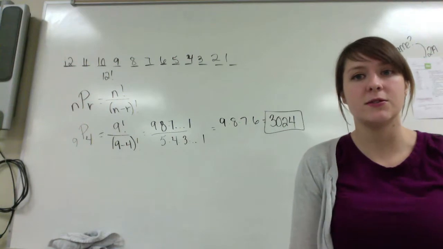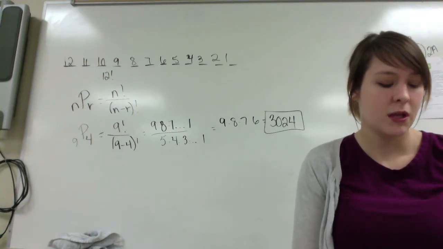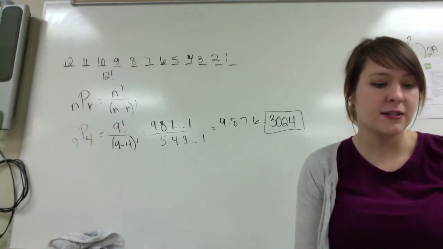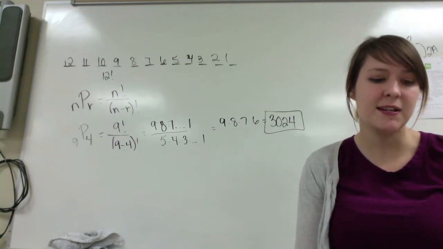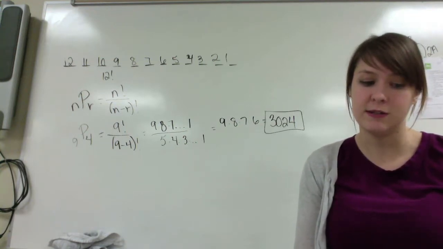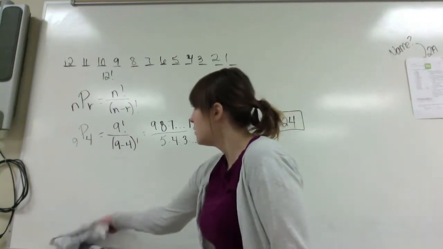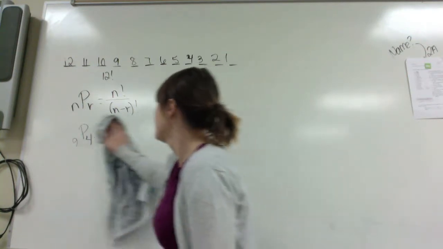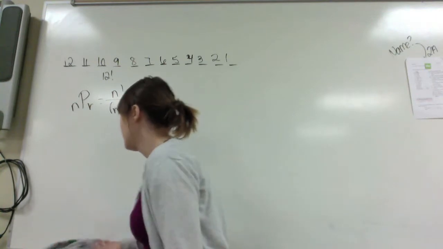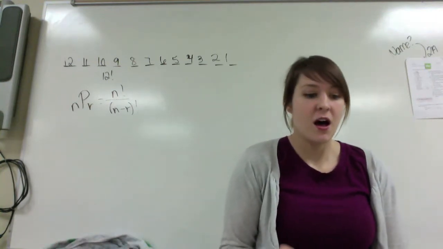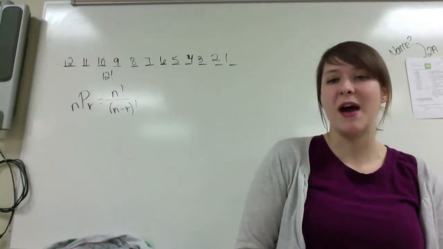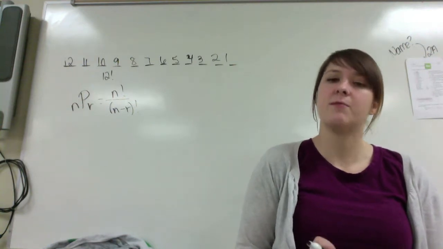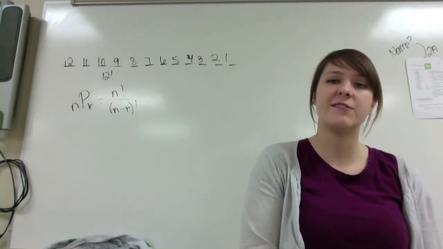Okay, so that's the answer to my first question here. The next question says, how many ways can 120 passengers be seated in an airplane with 150 seats? Okay, again, you're just thinking about a permutation here. So we've got this formula, and we have 120 passengers, and we're choosing them from a group of 150 seats.